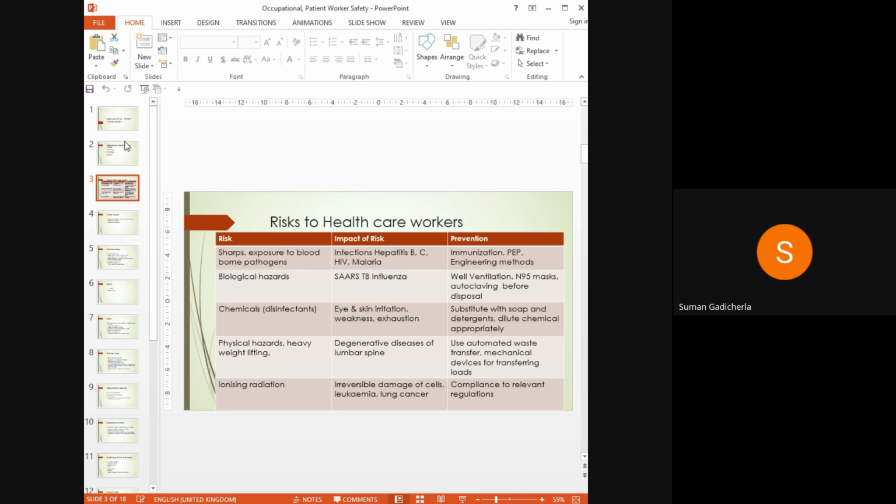Come on, somebody please tell me. What physical hazards can you think of in a hospital? I'm sure it is protected, so sun, wind and rain are not the things that can cause hazard for a person in the hospital. What are the other physical hazards that you can see in a hospital?